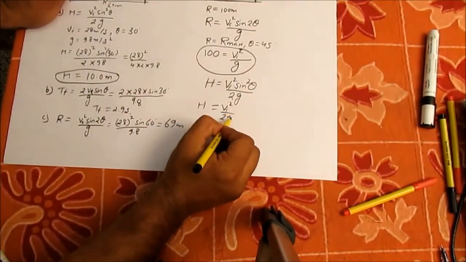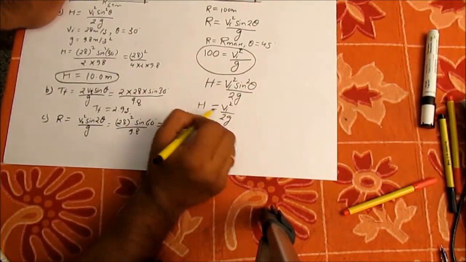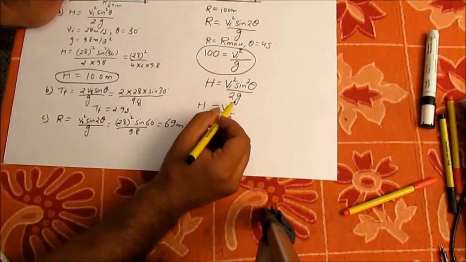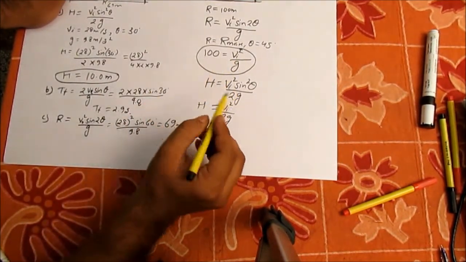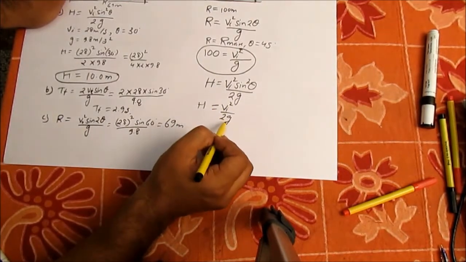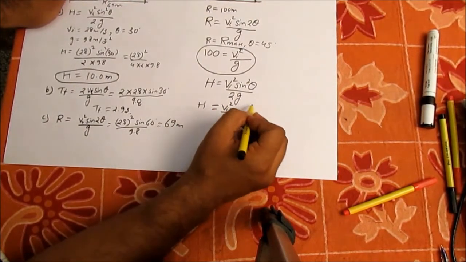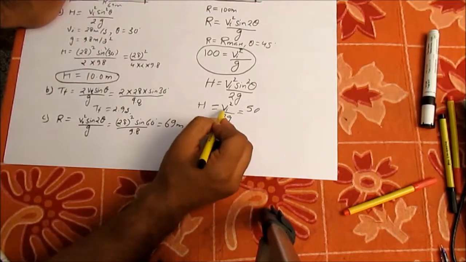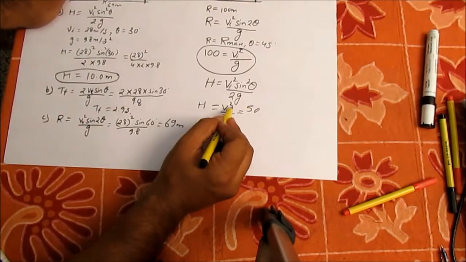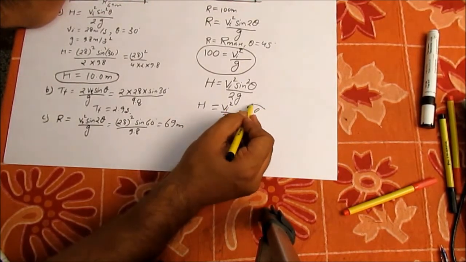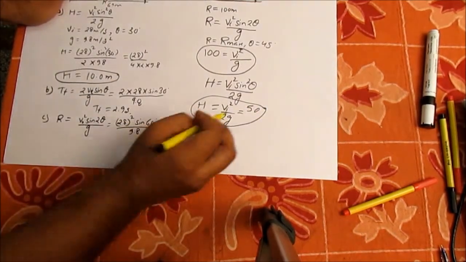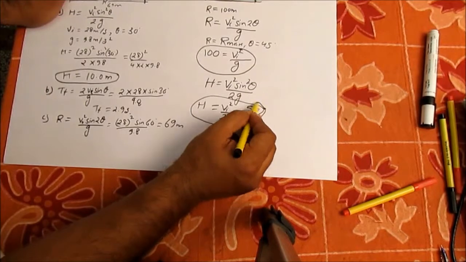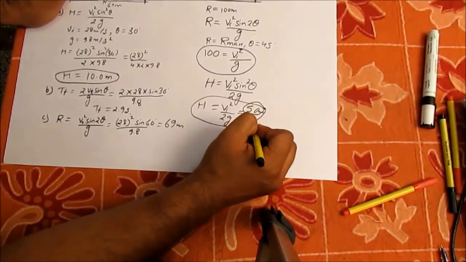Now you can see the value of Vi square by g is 100, so the value of Vi square by 2g will be 100 by 2, which is 50. So the maximum height he can send the ball is 50 meter.